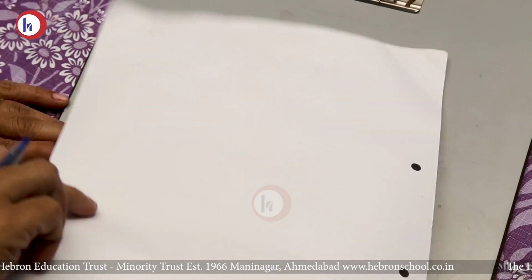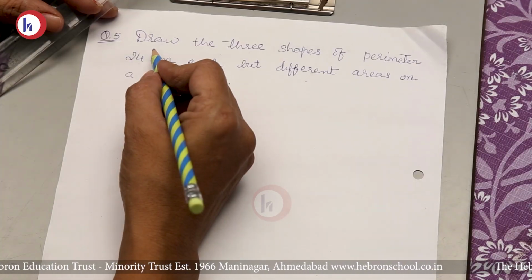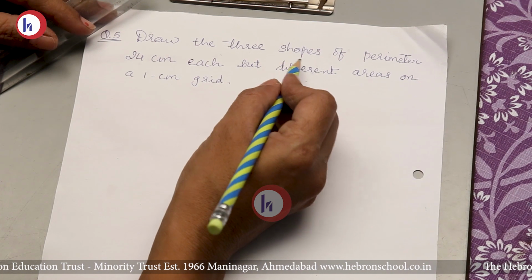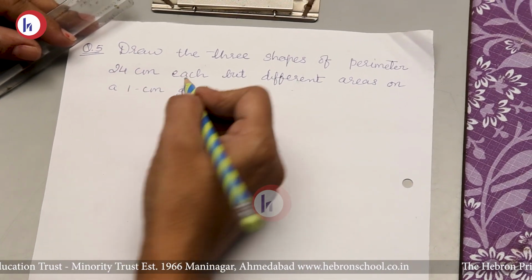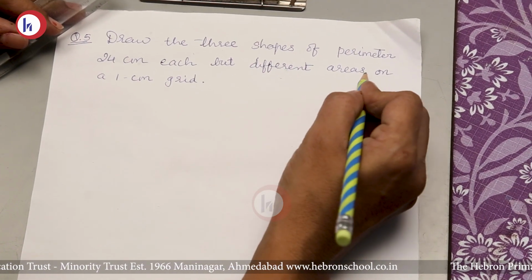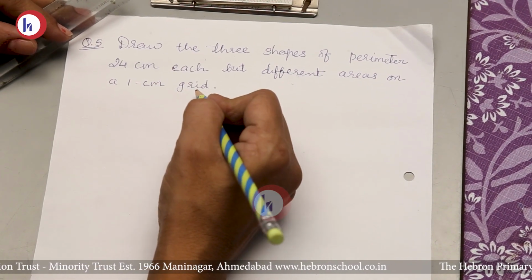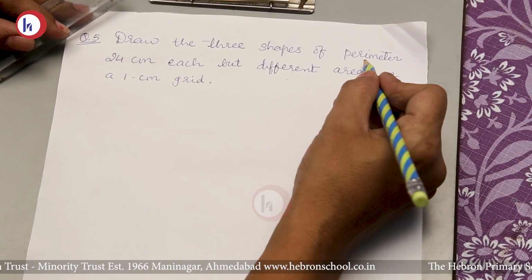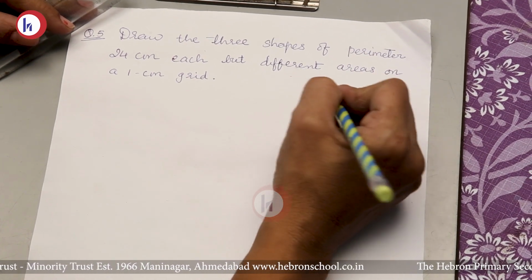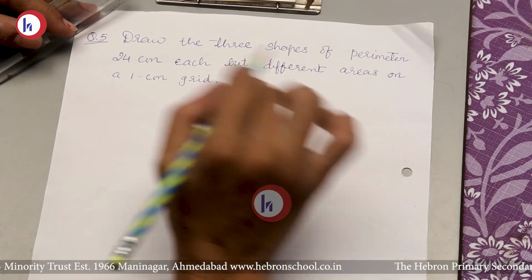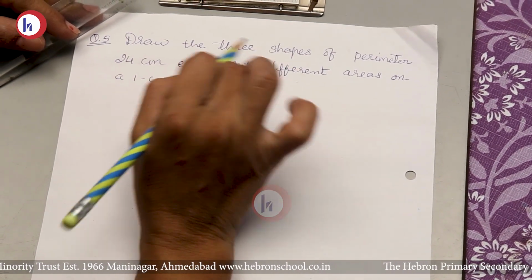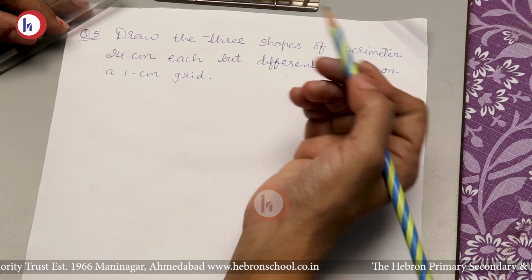Done? And the next question. Here the question is, draw the 3 shapes of perimeter 24 centimeter each, but different areas on a 1 centimeter grid. Today we are going to do perimeter, but here areas, that means the inner part of the figure, is different. We have to draw the 3 figures. Here it is not written find the perimeter.